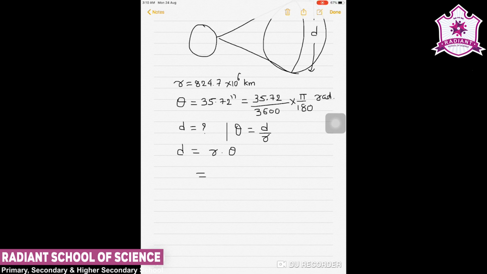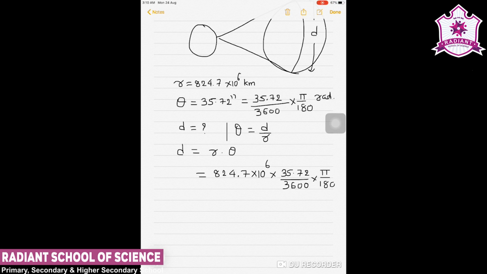We are given both things. We can say that 824.7 into 10 raised to 6 into 35.72 over 3600 into pi upon 180.